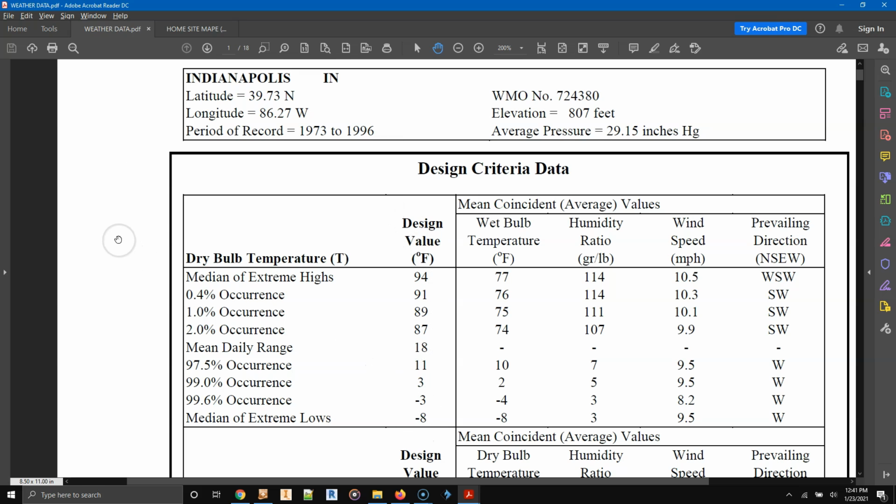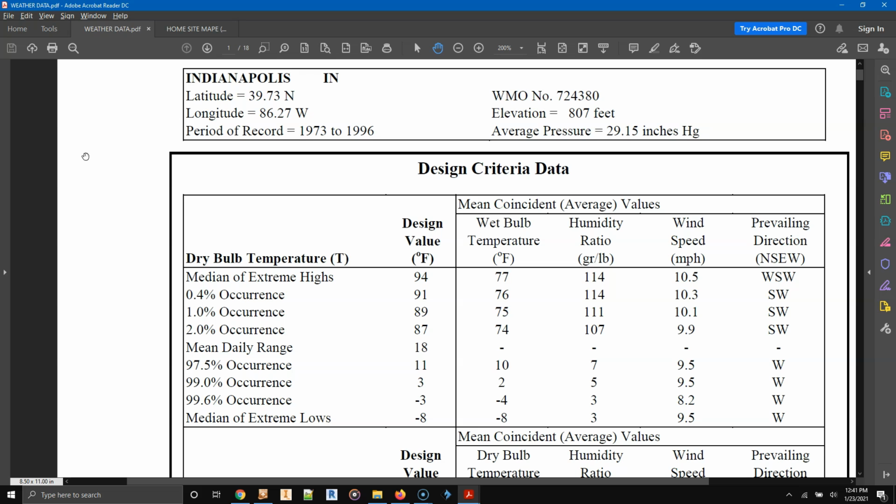Be clear about which one you're choosing. You have a daily mean range, you have the extreme highs and extreme lows, okay? And then you can go and look across the wet bulb temperature and humidity ratio. You also have wind speeds and prevailing winds, okay?